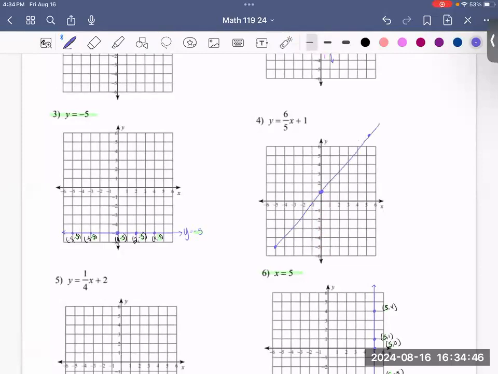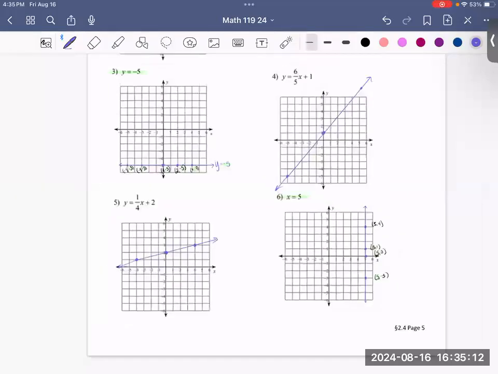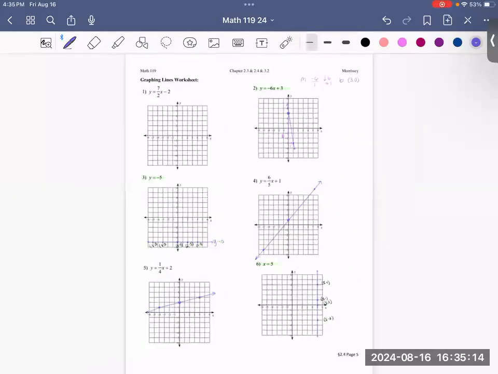Connect your dots as best as you can. And there's your line. One more time, starting at 2, going up 1 and over 4. Or in the reverse, go down 1 and over 4. There you go. So these are all types of your lines.